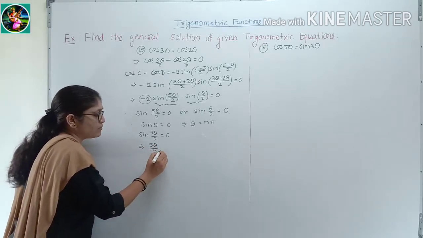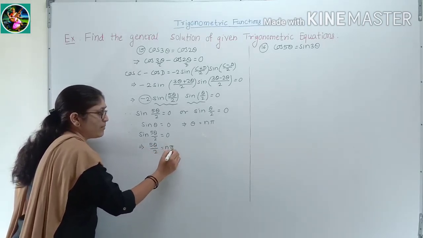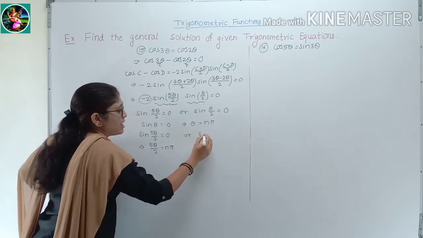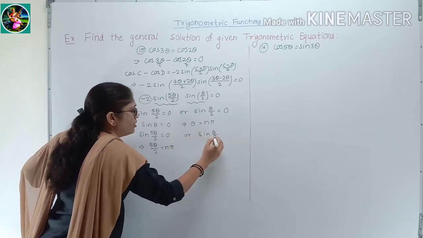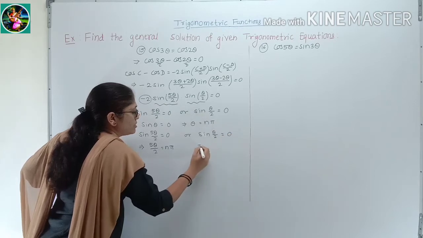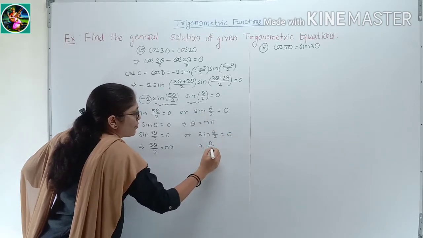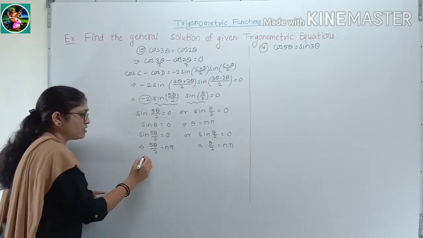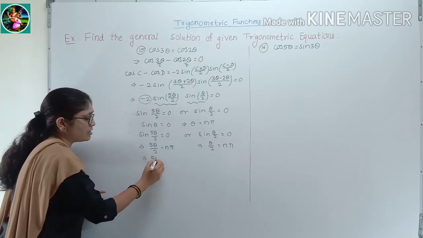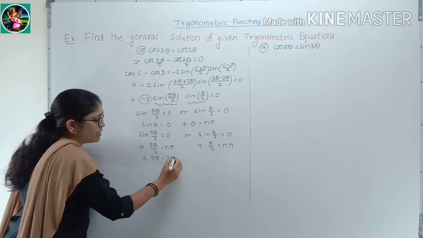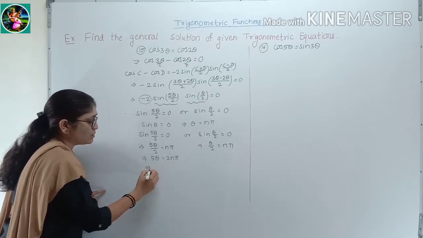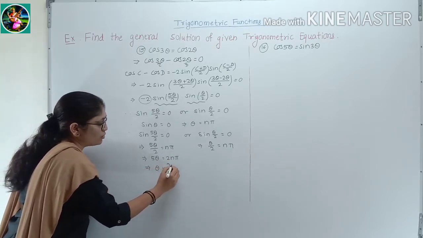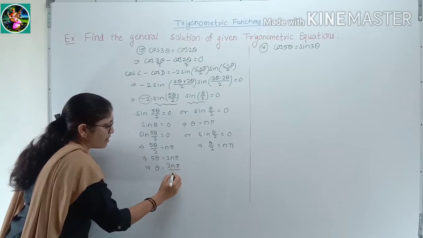Therefore, sine of 5 theta divided by 2 is equal to 0 will give the solution that 5 theta divided by 2 is equal to n pi, and here sine of theta upon 2 is equal to 0 gives the solution theta upon 2 is equal to n pi. If we solve this, 5 theta is equal to 2n pi, and this will give theta is equal to 2n pi divided by 5.